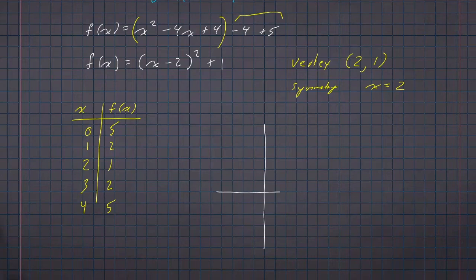We can sketch out some coordinate axes. We can plot those points. And we can play our game of connect the dots to get a parabola that looks something kind of like that.